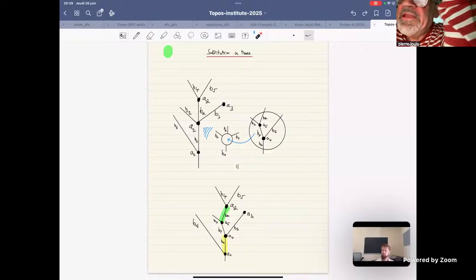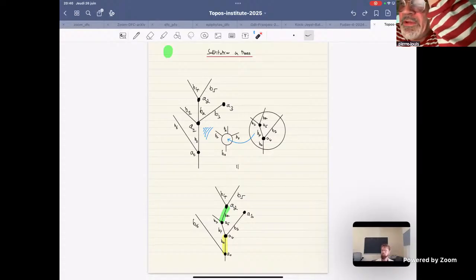So for example, B2 here, which used to connect A1 and A2, is now connecting A5 and A2, because B2 corresponds to this leaf of the substituted tree.